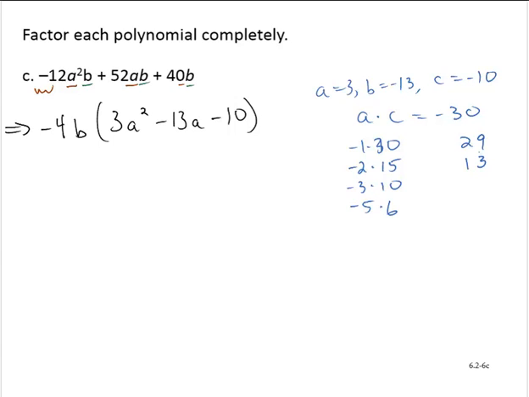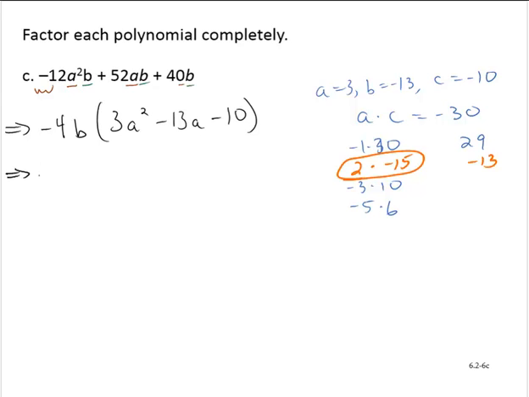Well, wait a second, I wanted a negative 13. So let's change the signs. Negative 2 times positive 15. Oh, I did it again. 2 times negative 15. If I find their sum, that's negative 13, so this is the pair that I want.